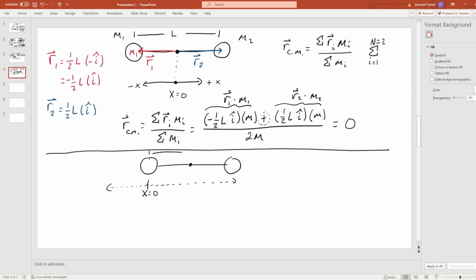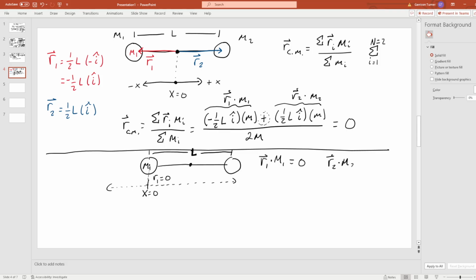Well, again, our length between our bars is L, right? And so if this is M1, my vector R1 times M1, well, R1 lies right at the origin. So that means R1 is equal to 0. So R1 M1 is equal to 0.